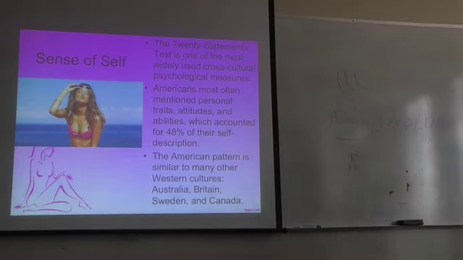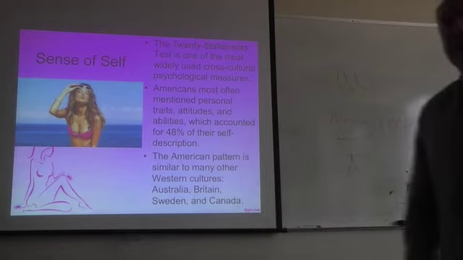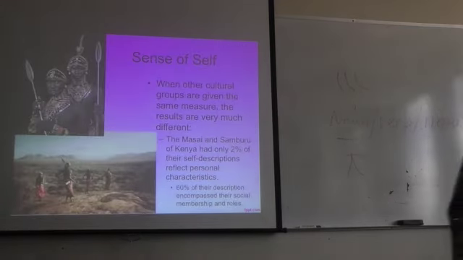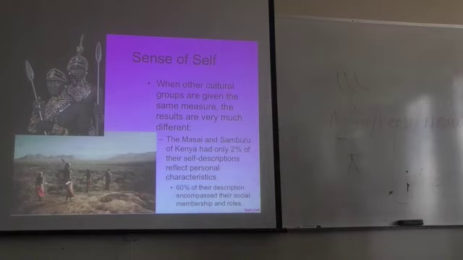The American pattern is similar to many other Western cultures, especially Australia, Britain, the Scandinavian countries, especially Sweden, and Canada, the English-speaking places in the world. However, if you go to other cultures, you ask them the 20 questions, they don't mention the same things that we do. When cultural groups are given the same measure, the results are very much different.